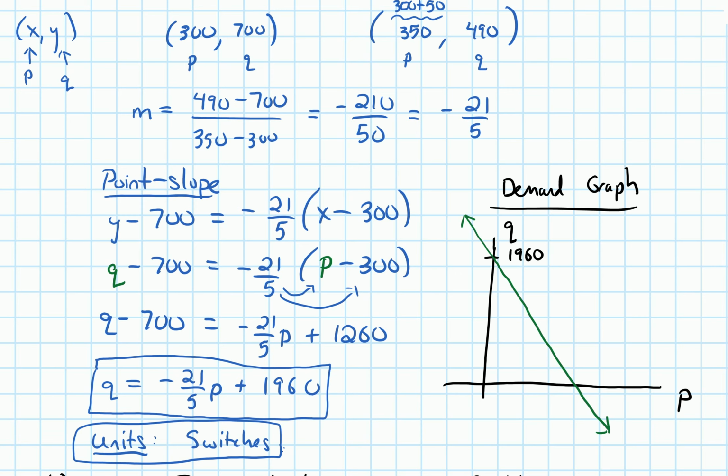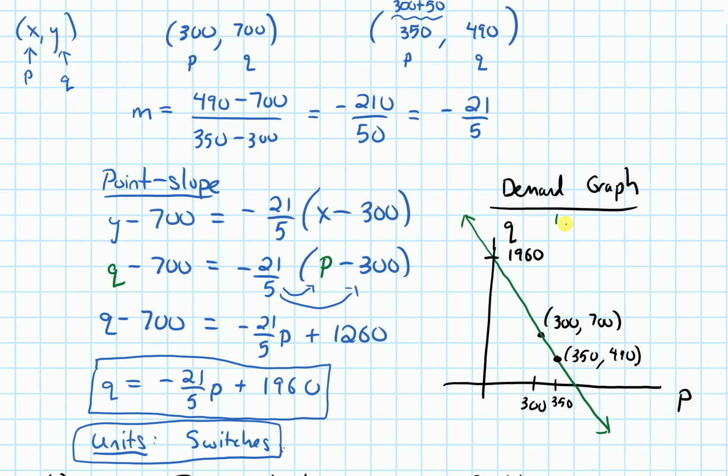I could plot the points that we had here. We know, for example, that when the price is 300, the q value is 700. And when they increase the price to 350, so when p is 350, then q, the demand, was 490. So we have those two points on the graph.